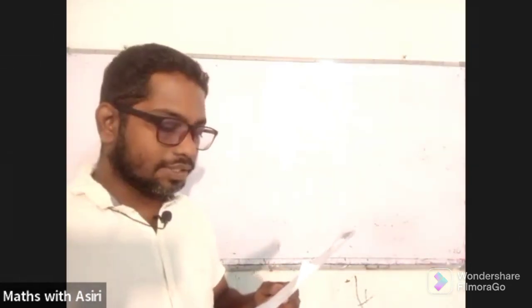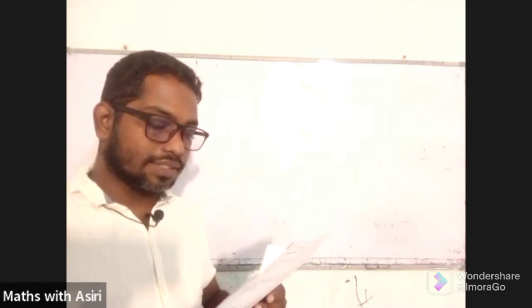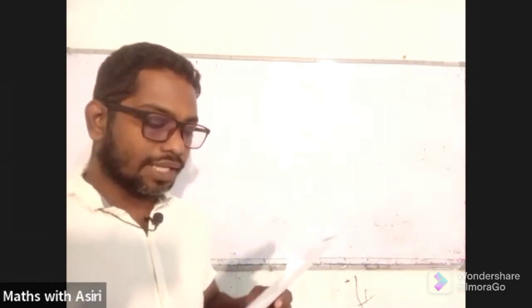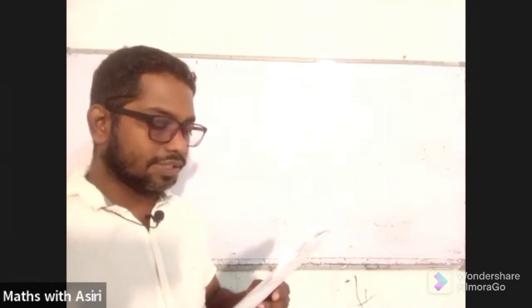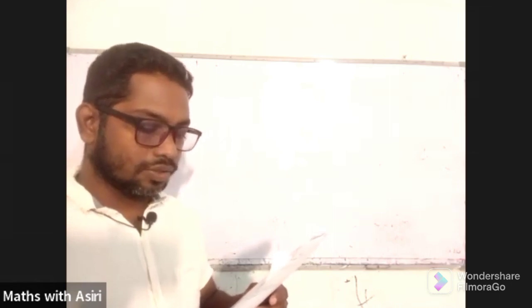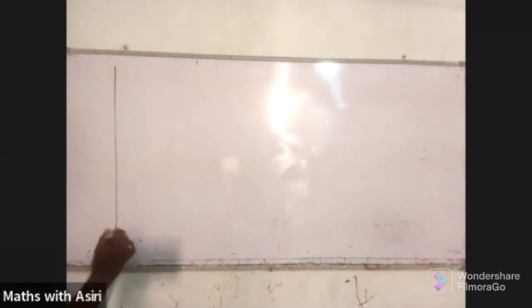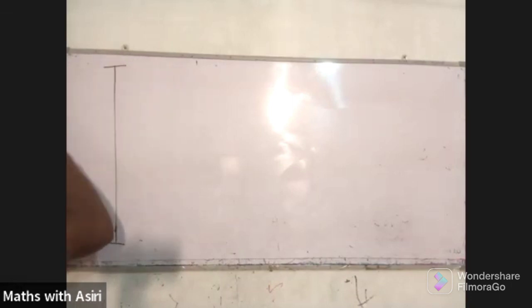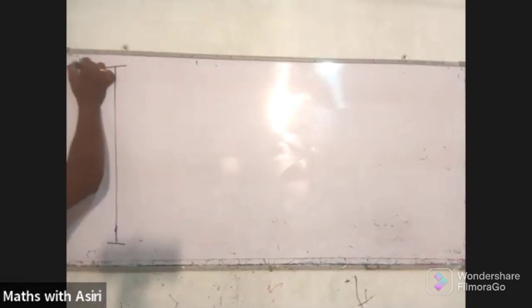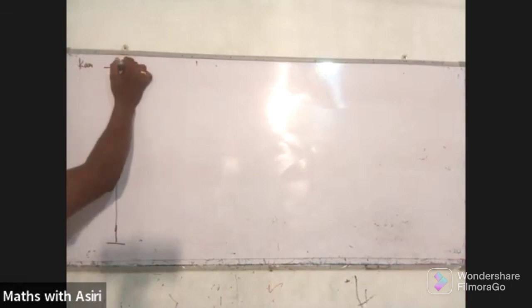Kamal started the business on 1st of January 2016, investing 35,000. After 3 months, Shiva joined by investing 56,000. After another 2 months, Kazim joined by investing 60,000 rupees. Let's see, this is the business started by Kamal on 1st of January.